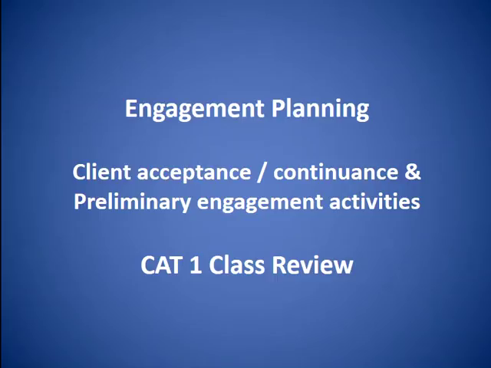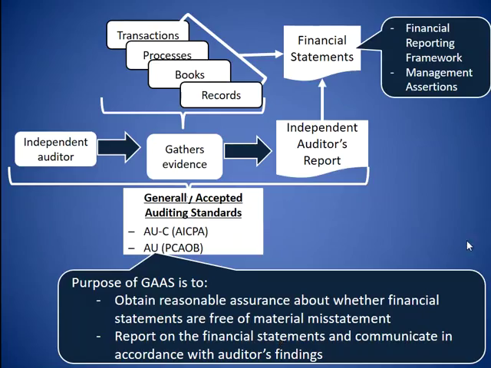this is part of again our Category 1 study, and this involves engagement planning, specifically client acceptance and continuance, and preliminary engagement activities. So let's go ahead and start off with what I call my 10,000 foot overview slide.